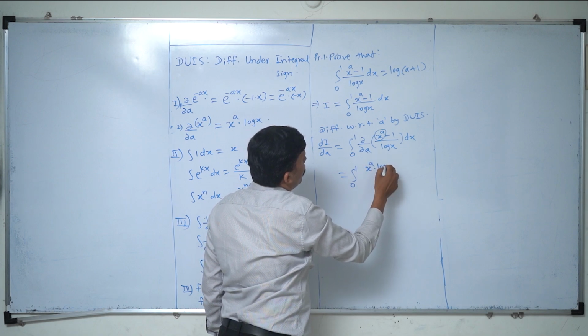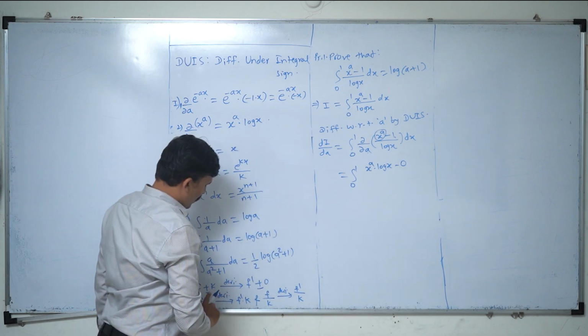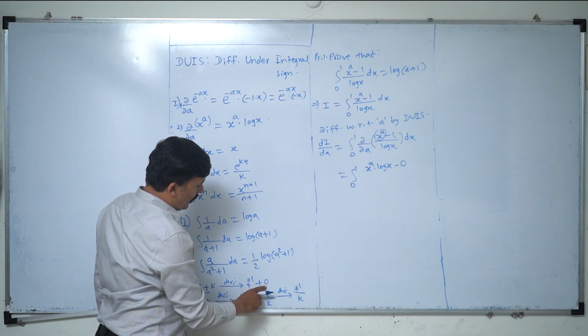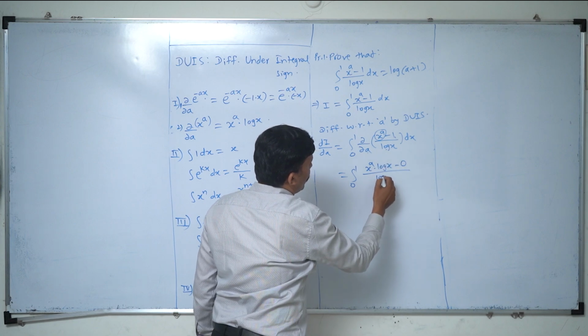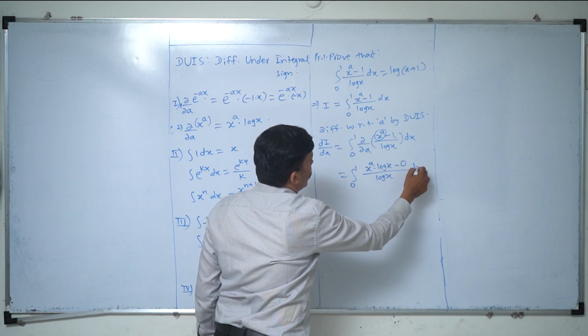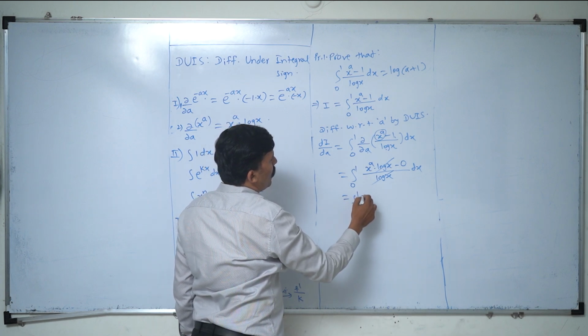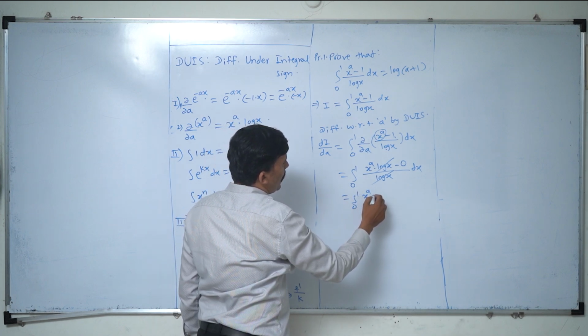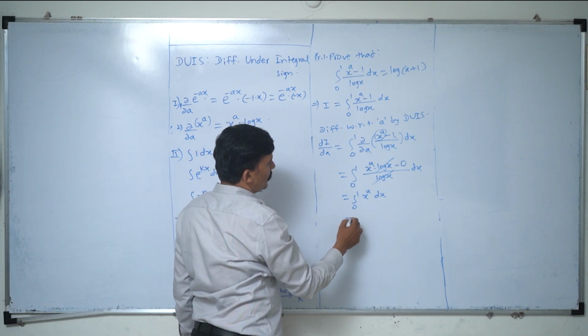The derivative of the minus 1 is 0, because function minus constant, the derivative of constant is 0. That constant log x remains as it is. Now log x and log x get cancelled. So integral from 0 to 1 of x raised to a dx.